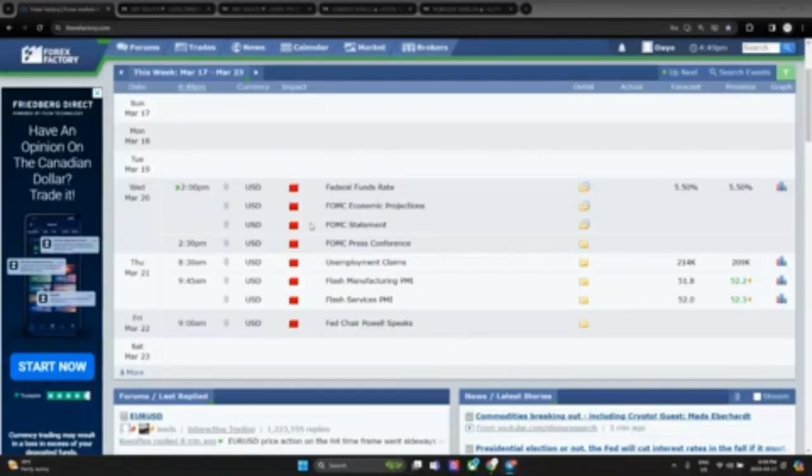Because if there is sequential SMT, one will form the low of the week on Wednesday more times than not, and the other will form the low of the week on Thursday, right? And by looking at this, you can see that we have just 3 days of red folder news, all high impact days.